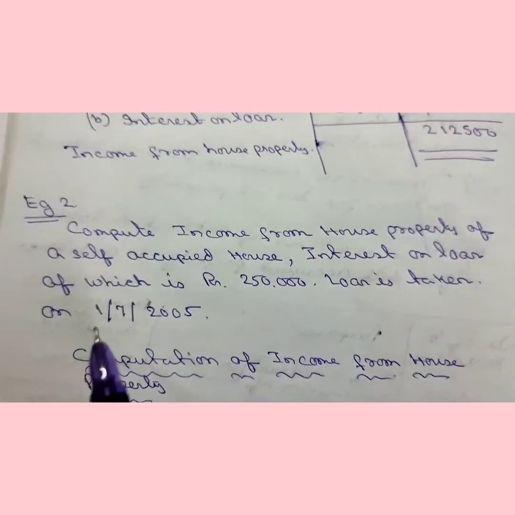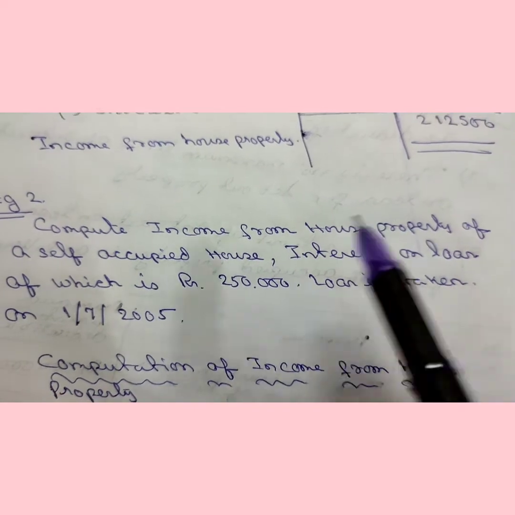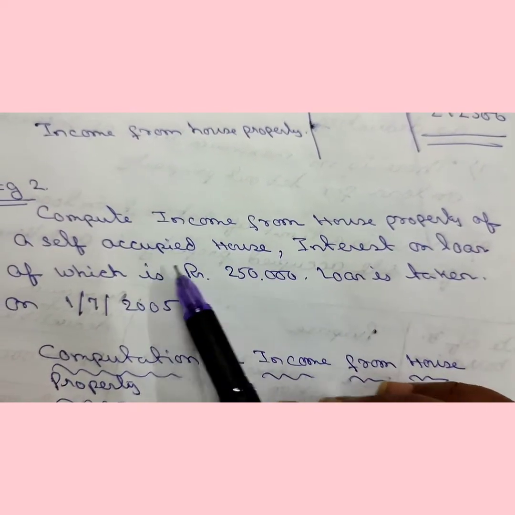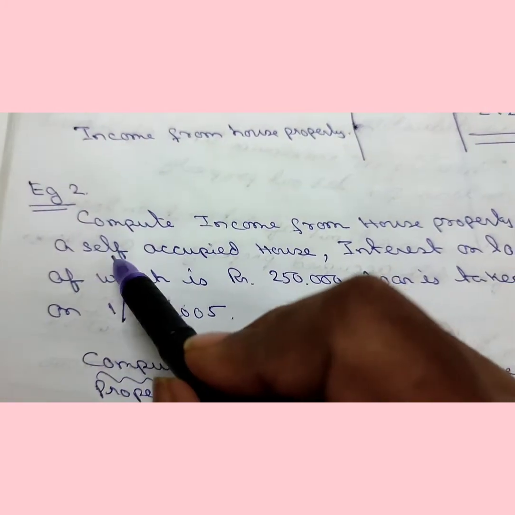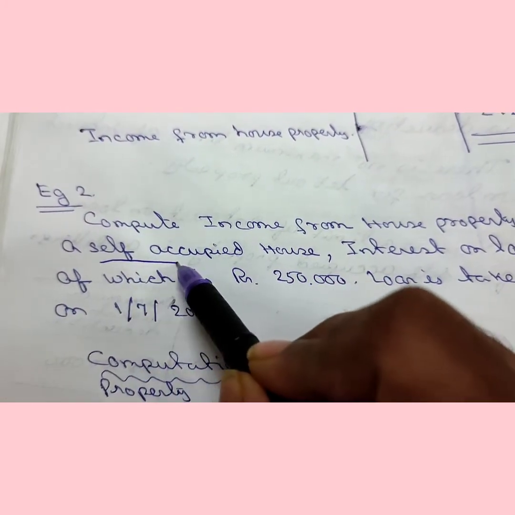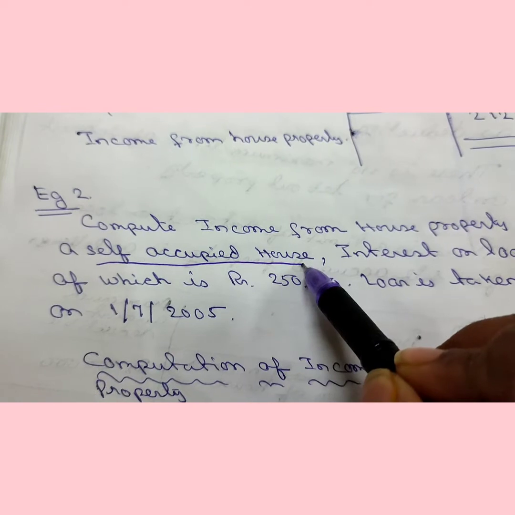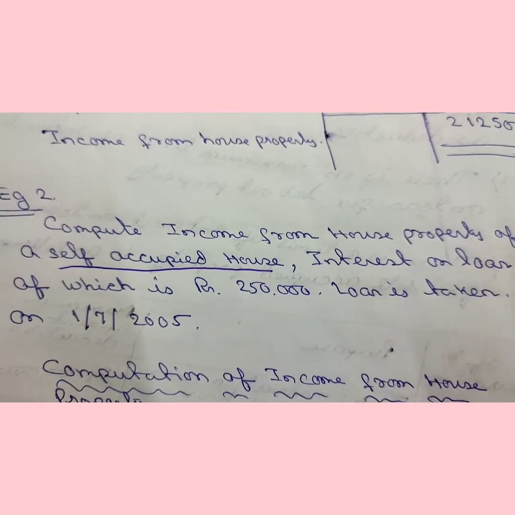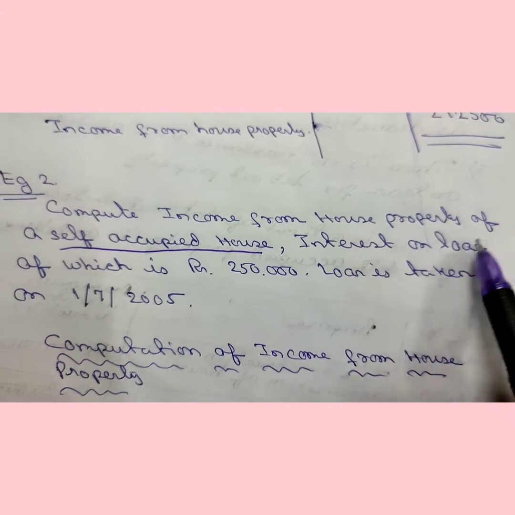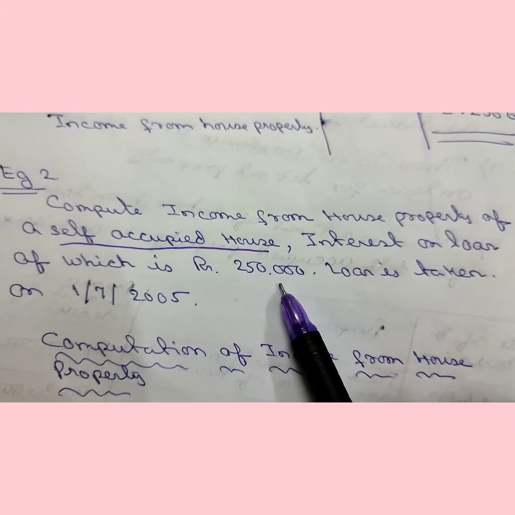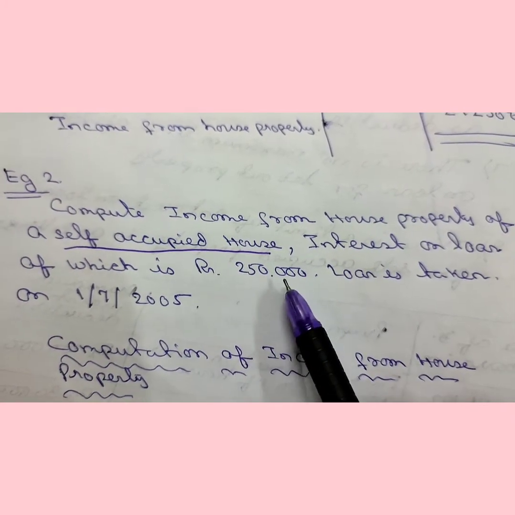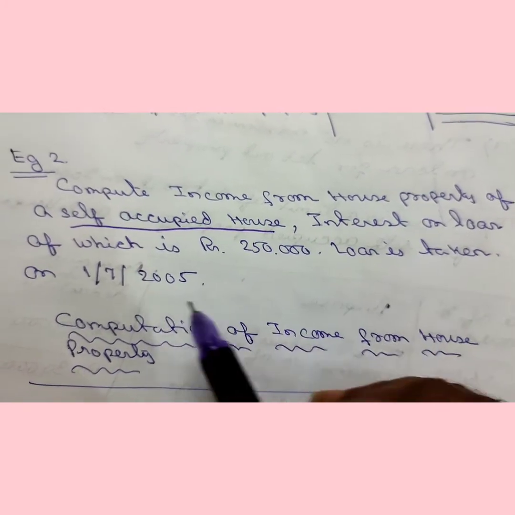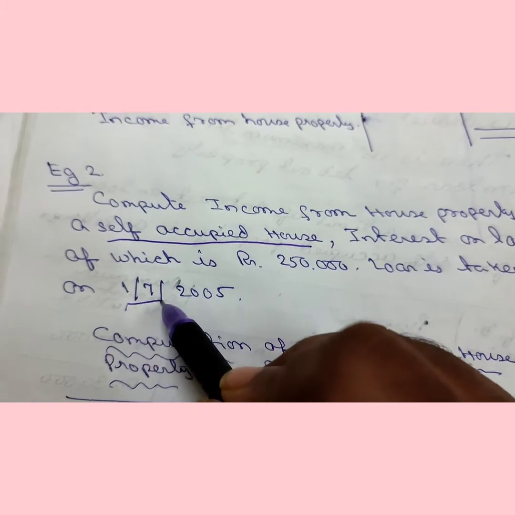Now come to the second sum. Compute income from house property of a self-occupied house. Here the house is self-occupied. You have to remember the annual value of a self-occupied house property is nil. Interest on loan is rupees 2,50,000, and the loan is taken on 1/7/2005.